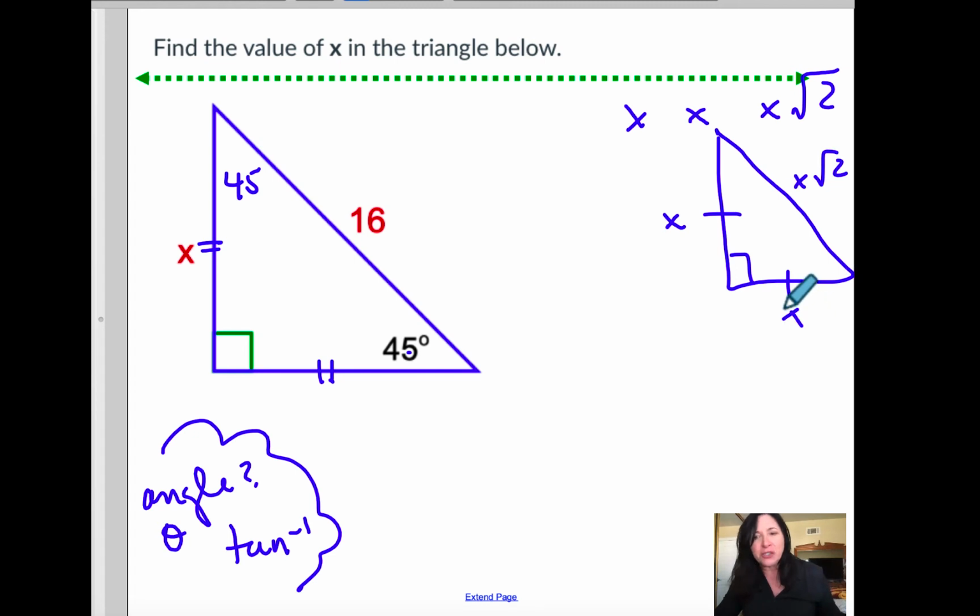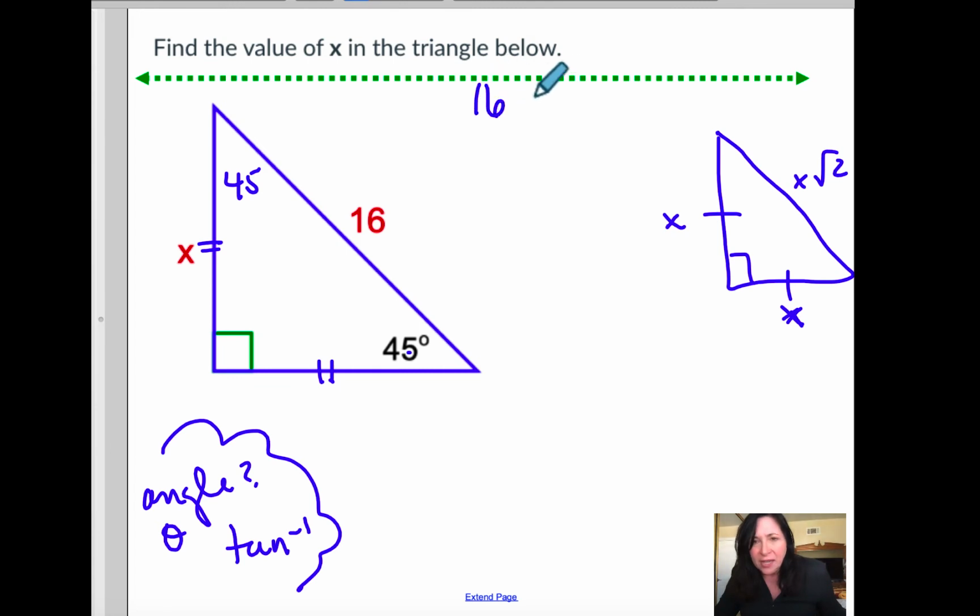We call this a special right triangle. And what that means is that if I have this value here for root 2, I would just set this value equal to x root 2. So let's do that.